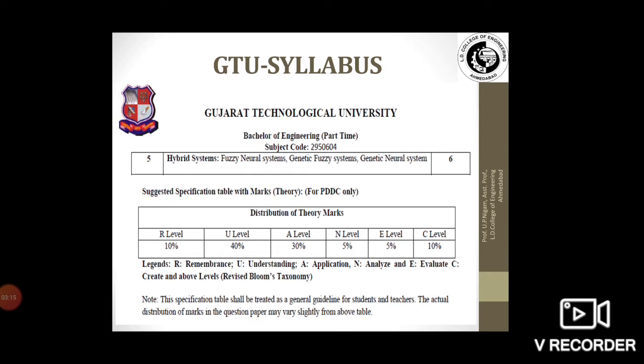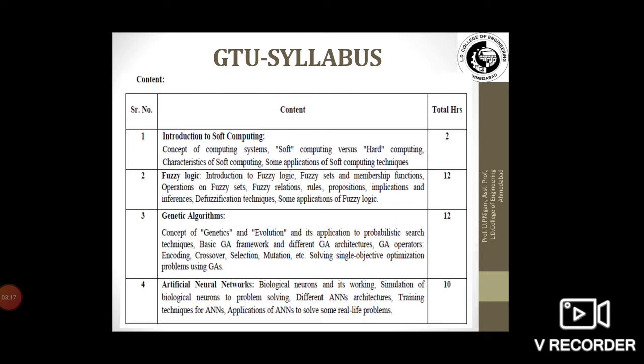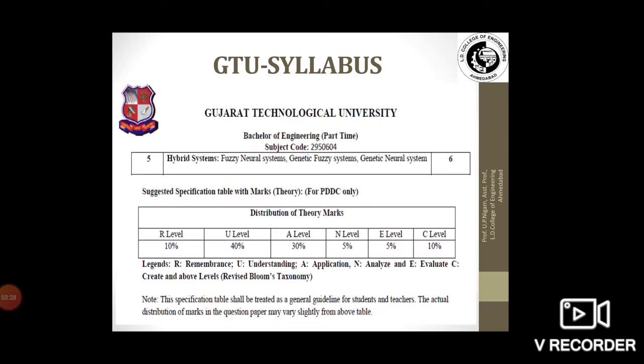So these are the 5 modules introduced by GTU: introduction to soft computing, fuzzy logic, genetic algorithms, artificial neural network and the hybrid systems.